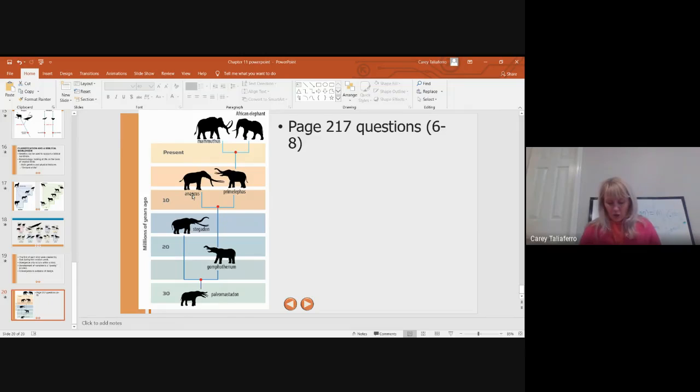So which animal is the evolutionary ancestor to all the other animals on this phylogenetic tree? If you look down, what is the one where everything else is branching off of? That would be right here, the Paleomastodon.